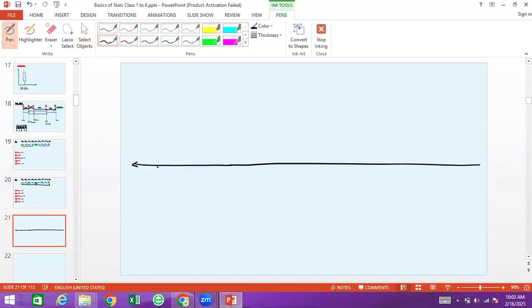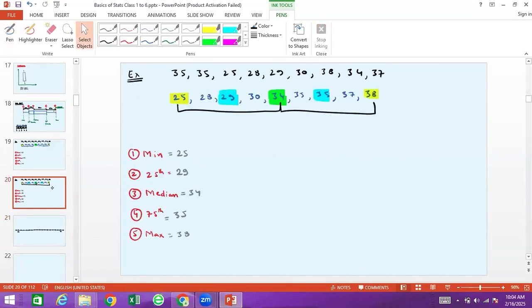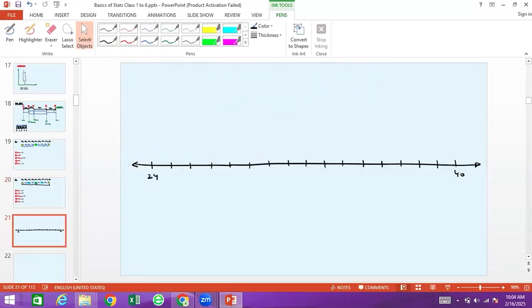Now, I will start with 24, then 25, 26, 27, 28, 29, 30, 31, 32, 33, 34, 35, 36, 37, 38, 39, 40. Now I'll start marking things. The minimum value is 25, so this is my first point.